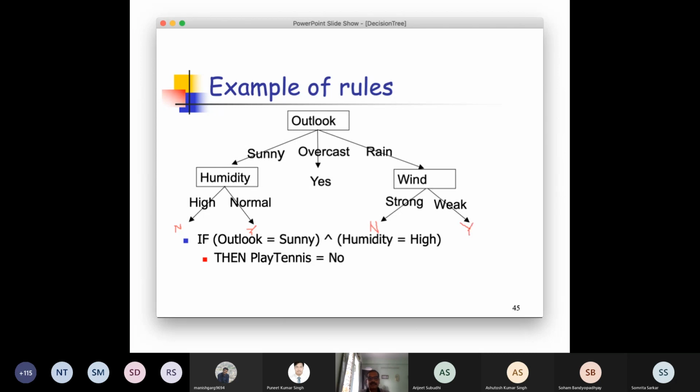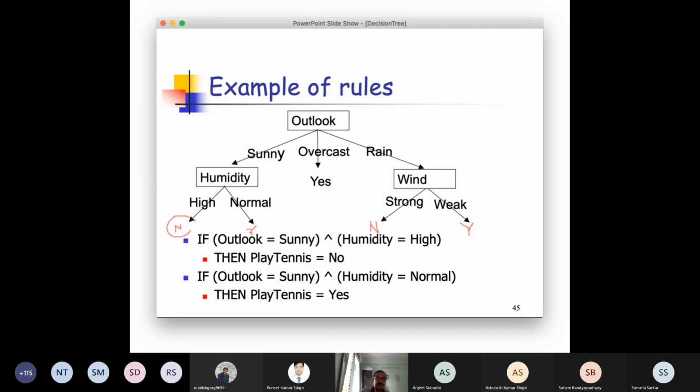Anyway, so this is one rule. Similarly, this is another rule. If you consider these two leaf nodes, then for each leaf node you have a rule. This is one leaf node with label n. This is another leaf node with label y. So this path will give you this rule, and there are two clauses.